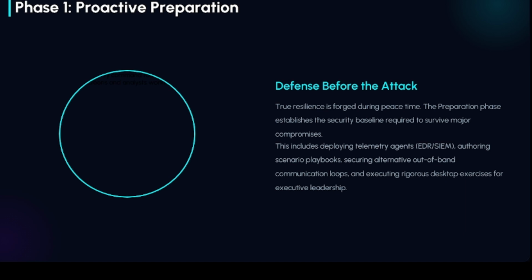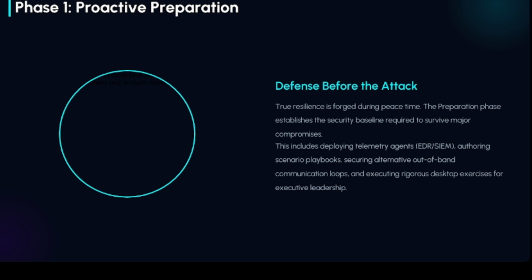So, phase one is preparation. This is before the attack even begins. Vitally important and often neglected. True resilience is forged during peacetime, is a phrase the military likes to use, and they are not wrong. If you are not getting ready for an attack, then you are just outright wrong, because everybody is a target in the world today.